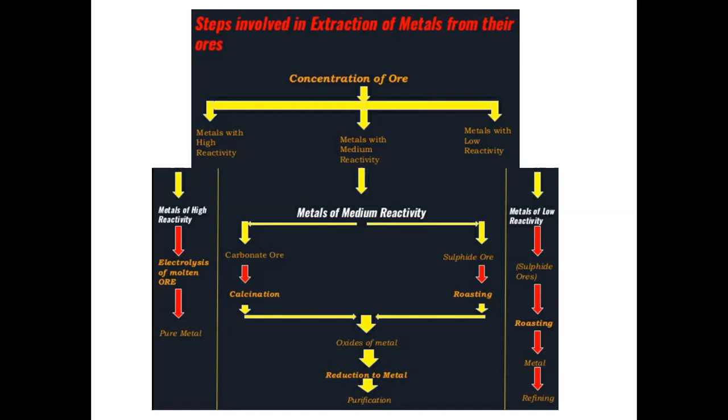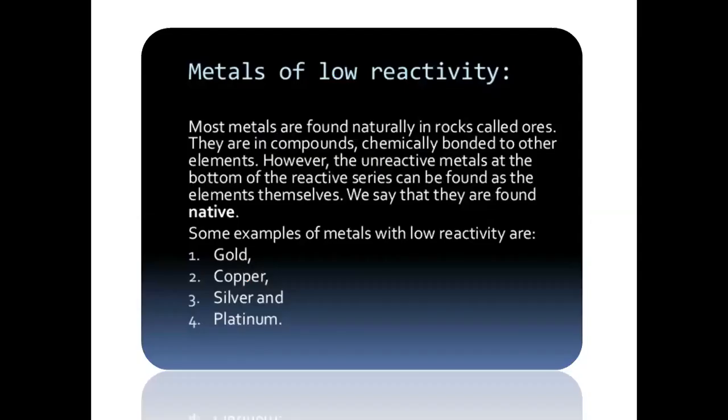But in medium reactivity, after roasting or calcination, the metal has only been converted into oxide. One more step is involved in the medium reactivity elements, that is the reduction process. Reduction is done by reducing agents, and these agents are carbon and carbon monoxide. And after that, the purification step occurs. I'll take them one by one. See, metals of low reactivity.